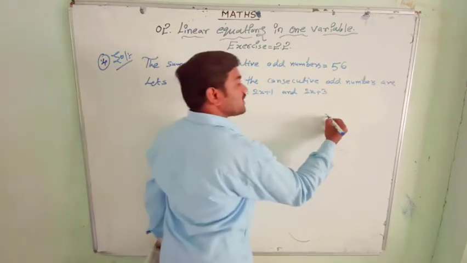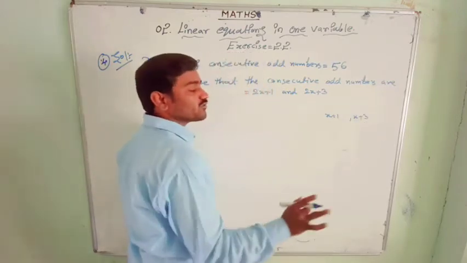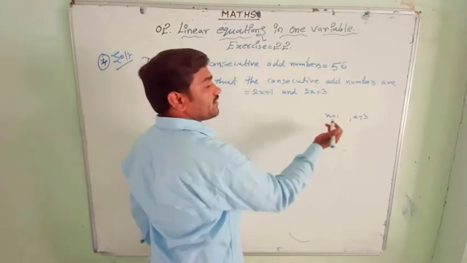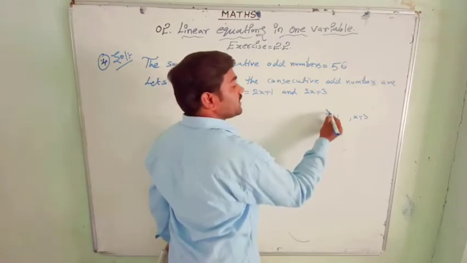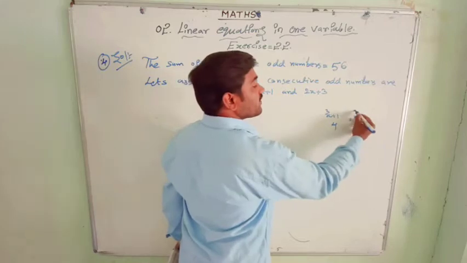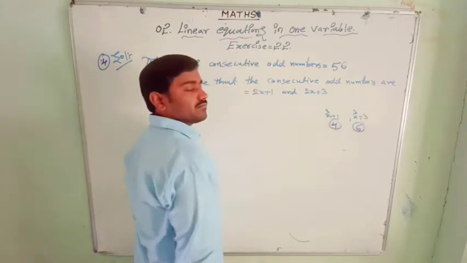If you assume x plus 1 and x plus 3 as consecutive odd numbers, what happens if x is any real number? Suppose you substitute x equal to 3: 3 plus 1 becomes 4, and 3 plus 3 equal to 6. They are then consecutive even numbers.